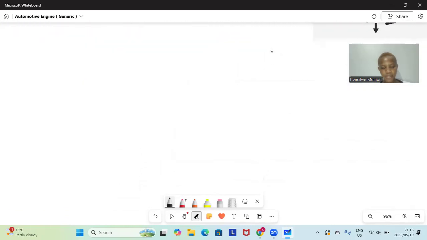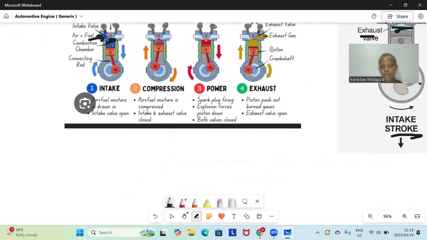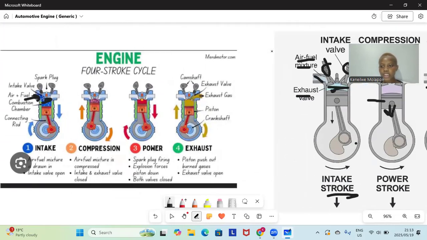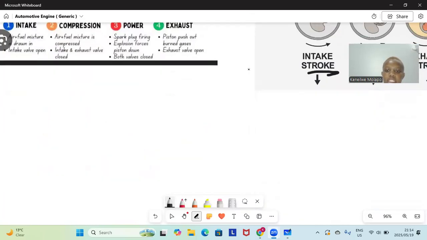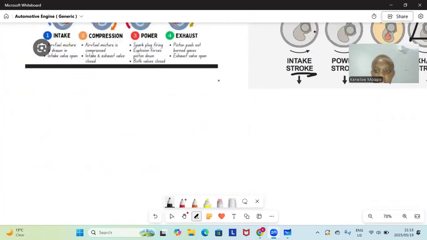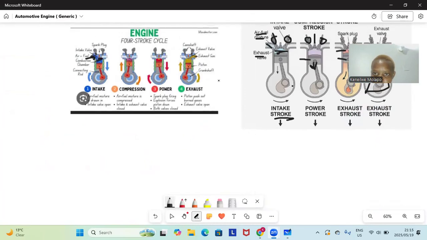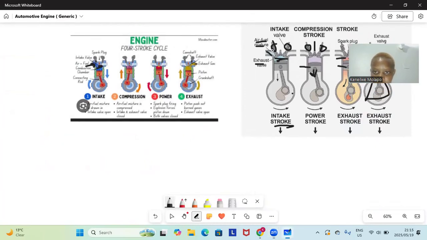Let me tell you the difference between the two-stroke engine and the four-stroke engine. The first difference is that a four-stroke engine has valves, these valves.